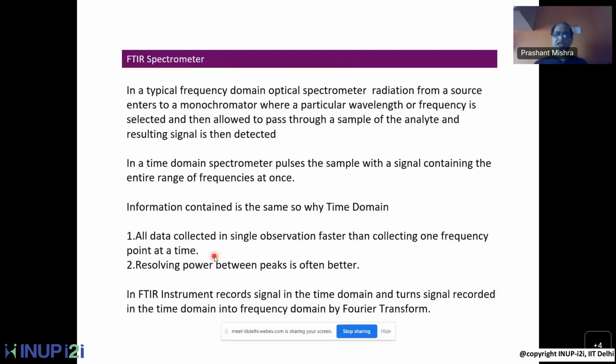You are collecting the data in the time domain. But after collecting the data, what is done in the FTIR instrument? It records the signal in the time domain, but it turns the recorded signal into the frequency domain. So basically, the role of the Fourier transformation is to convert it from the time domain to the frequency domain.